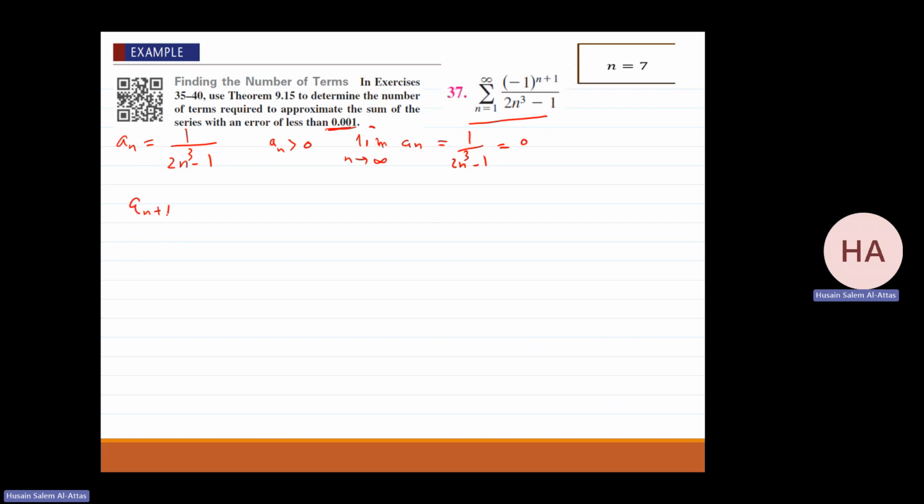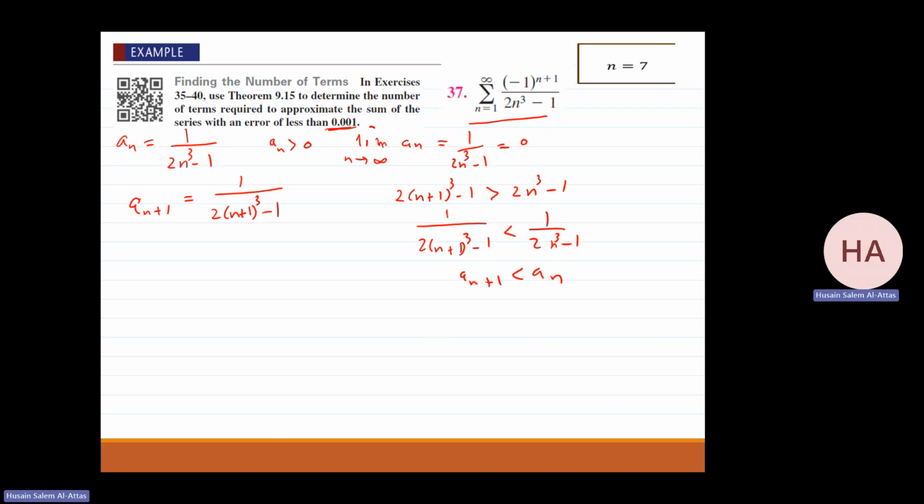Also, a_(n+1) is 1 over 2(n+1) cubed minus 1, and we know that 2(n+1) cubed minus 1 is greater than 2n cubed minus 1, so 1 over it will be less than a_n. So a_(n+1) is less than a_n, which is what I want.